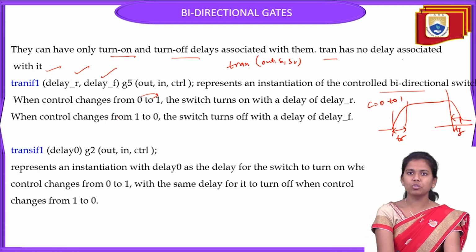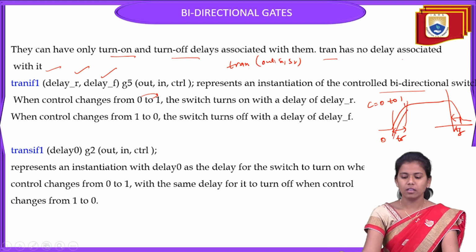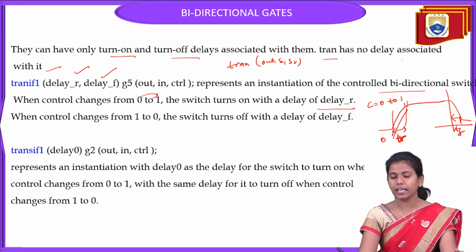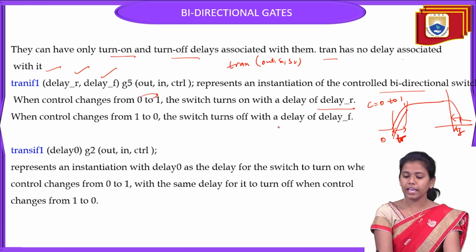So, when the control signal changes from 0 to 1, there is a rise in the signal, and the delay is represented with respect to the rise time. So, delay R, and delay F we see when it changes from 1 to 0.